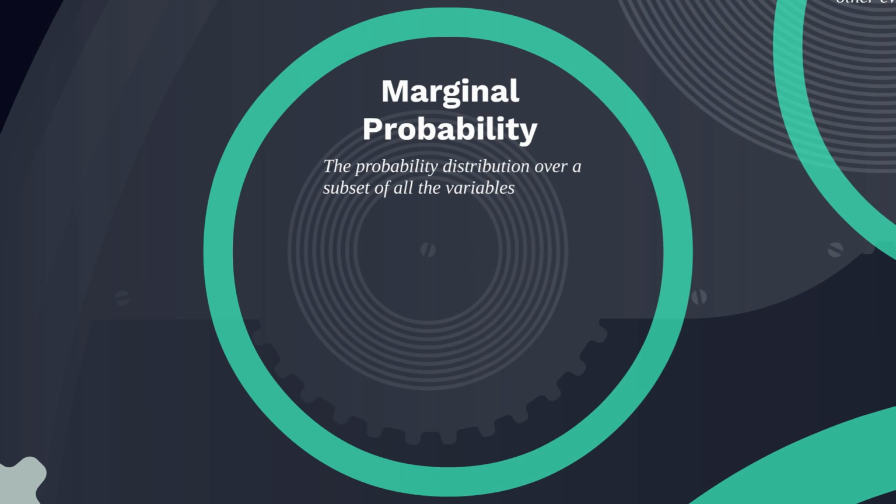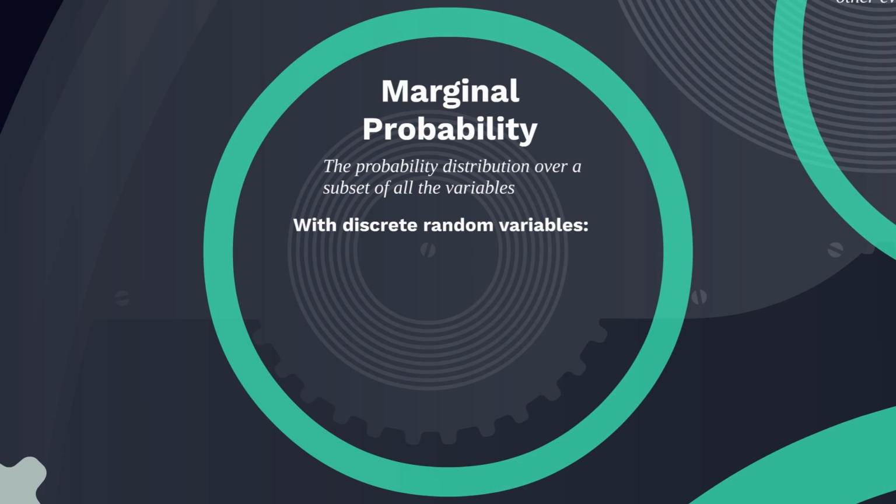We also should talk about marginal probability. So marginal probability is going to be the probability distribution over a subset of all the variables. Oftentimes we are going to be working with marginal probability distributions in AI because we don't have all the variables, or we don't have all the data points. That is one of our sources of uncertainty that we mentioned actually in the previous lecture.